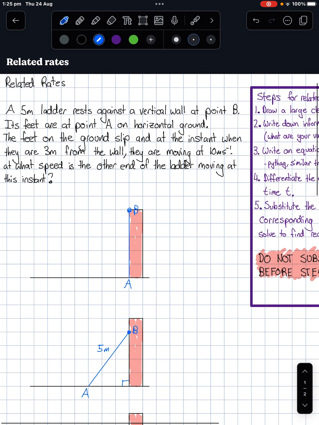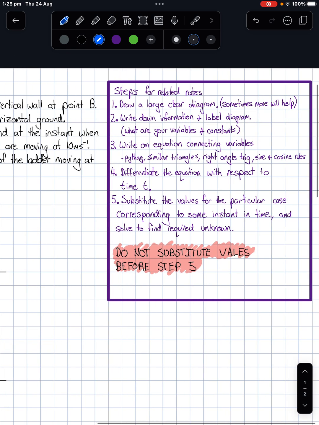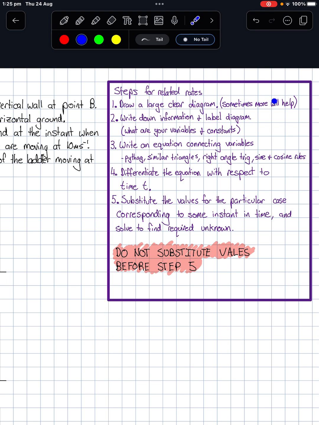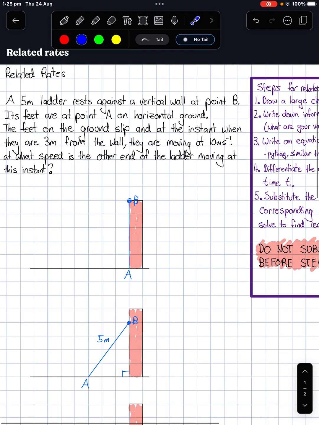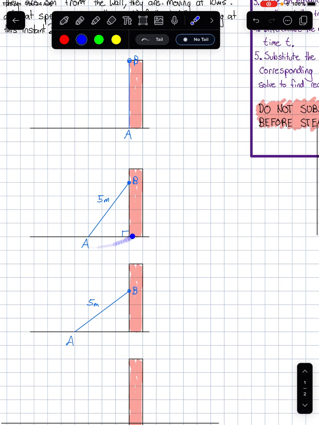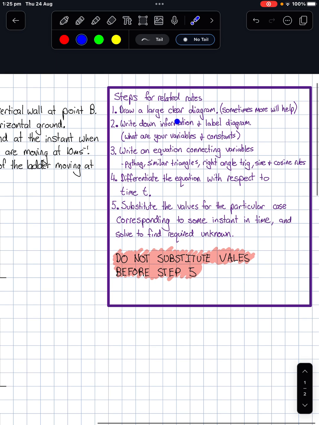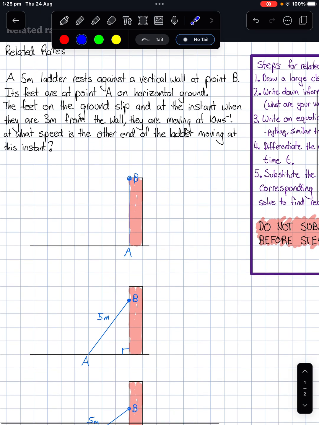So let's go to our steps for related rates, because this is from the text. I'm doing this so we can go through it at the same time and talk about it. Our first step is to draw a large clear diagram. Sometimes more will help. I've done a few. I'm going to use this one as our main one because it makes life a bit easier. And then write down information on the label. We've got everything we want out of here.